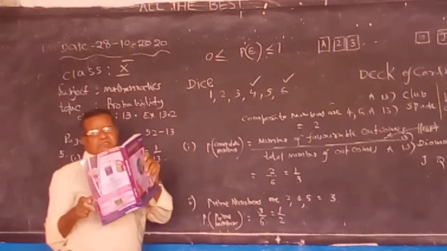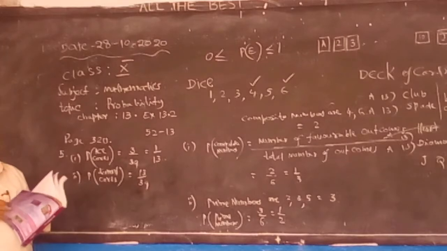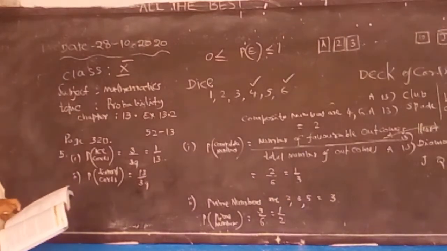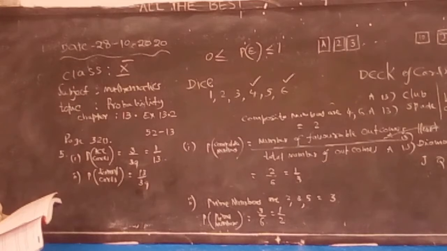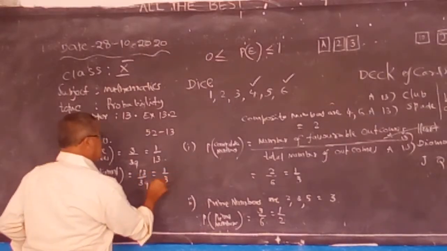The total number of cards is 39, because we already removed the 13 heart cards. We can cancel, 1 by 3.